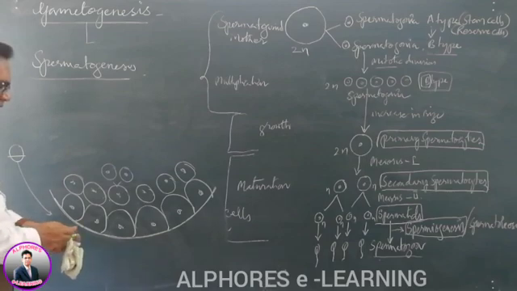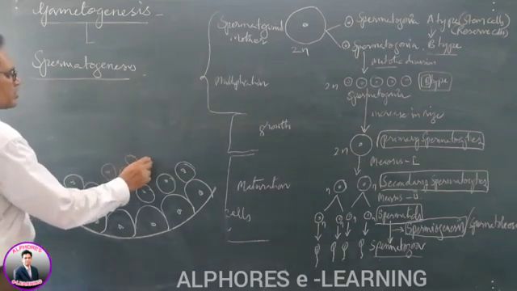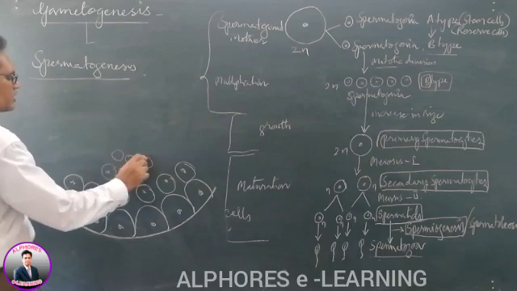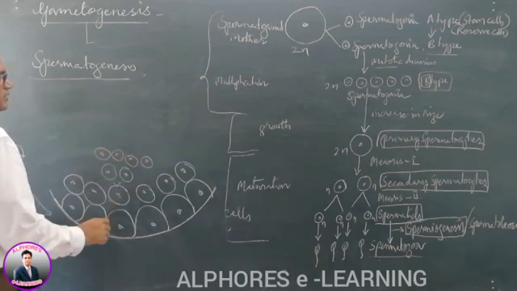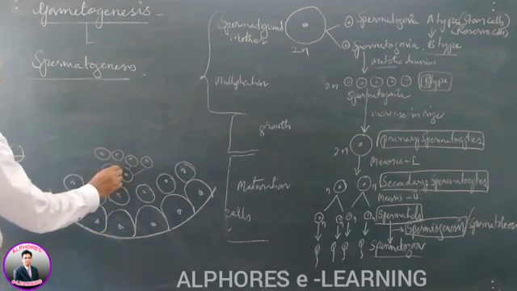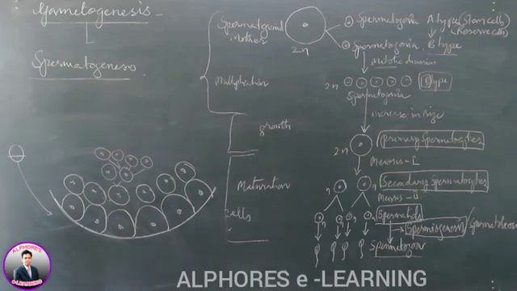Each primary spermatocyte undergoes division to form the secondary spermatocytes. These are the secondary spermatocytes.